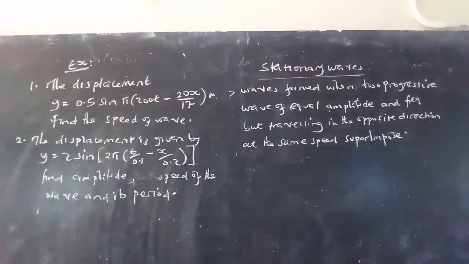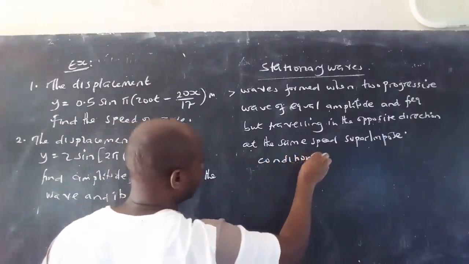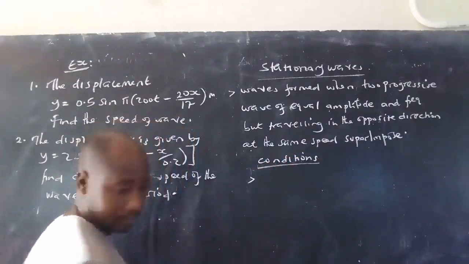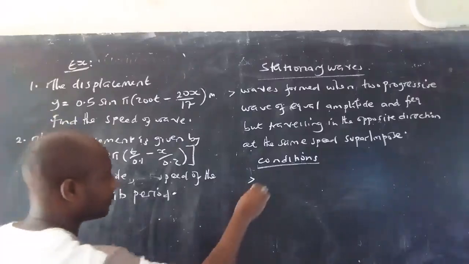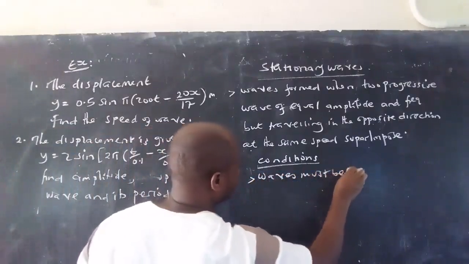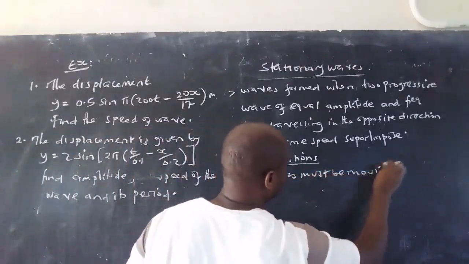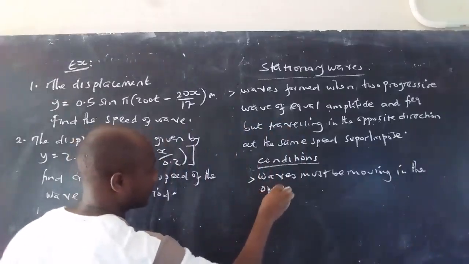Then from there, we shall look at conditions for the formation of stationary waves. The first one, we shall say the waves must be moving in opposite direction.